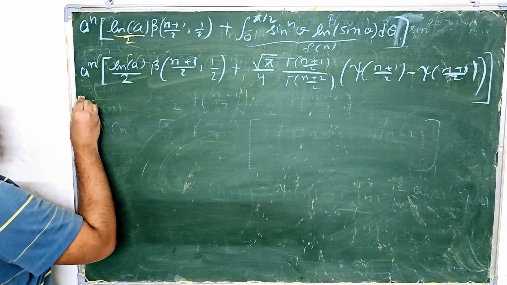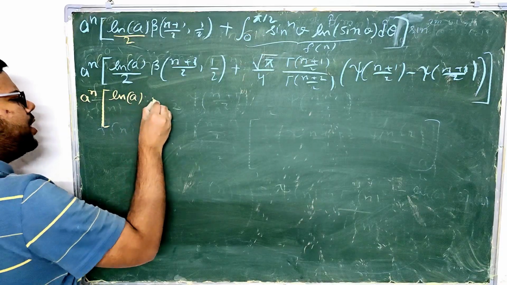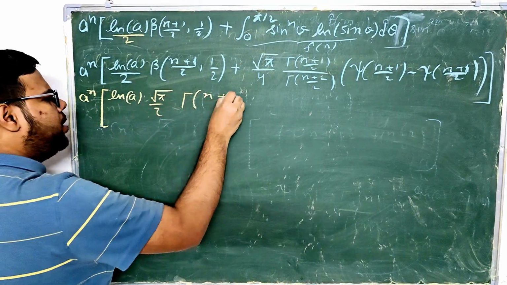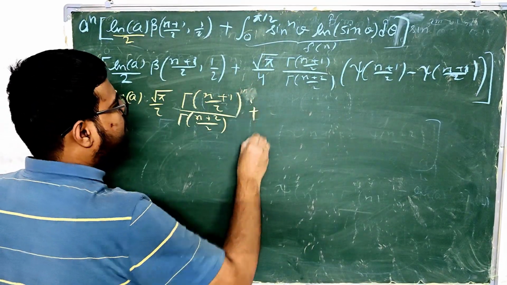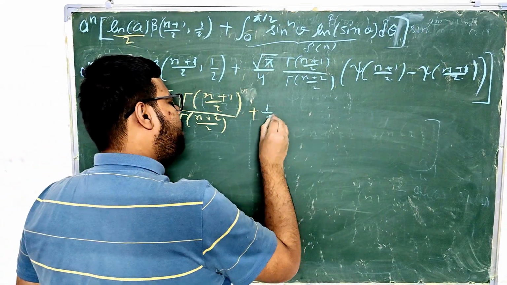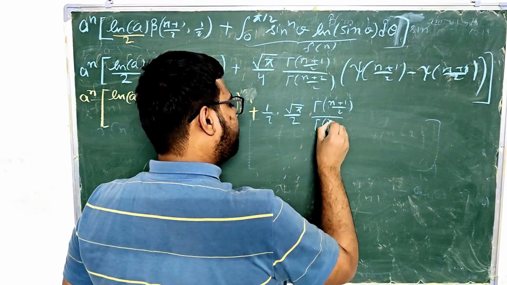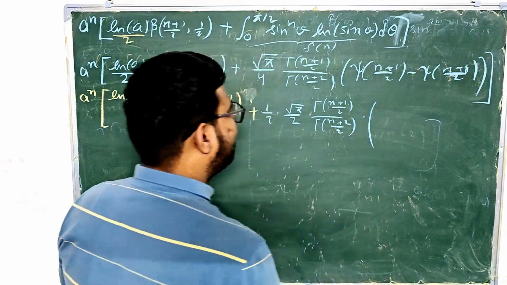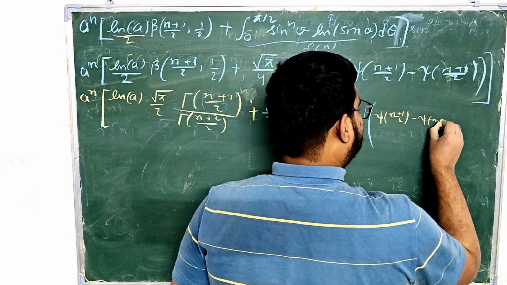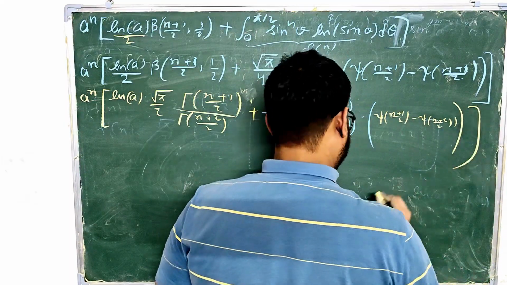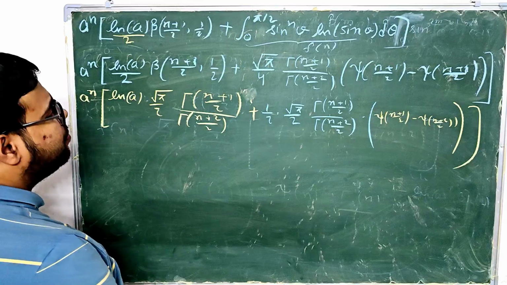So you can write it as natural log of a times root pi by 2 gamma at n plus 1 by 2 by gamma at n plus 2 by 2, plus 1 by 2 into root pi. Right. Okay, so yeah, that's the final answer.